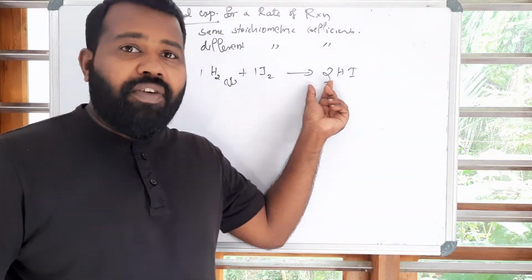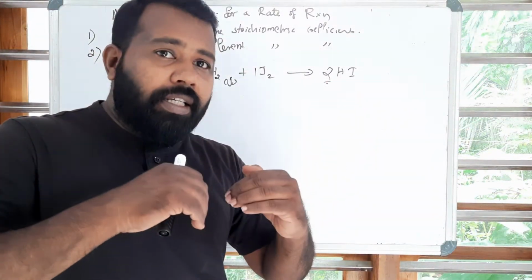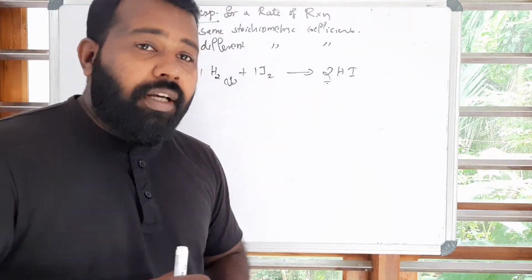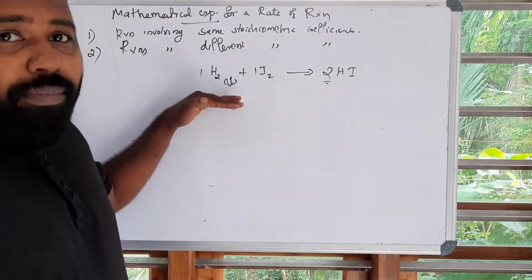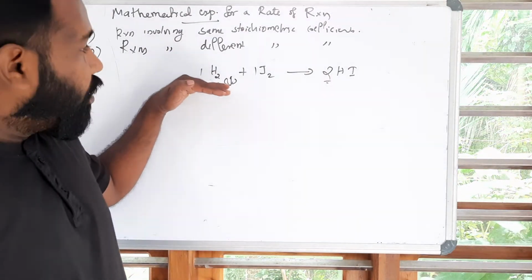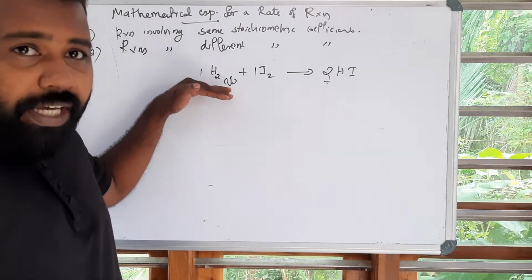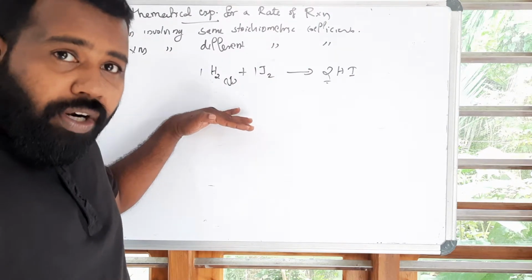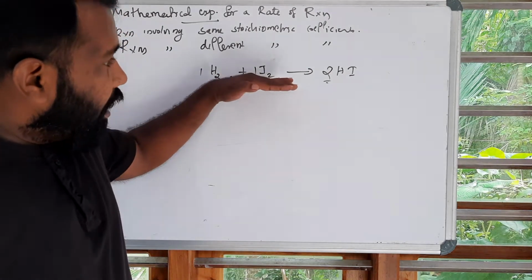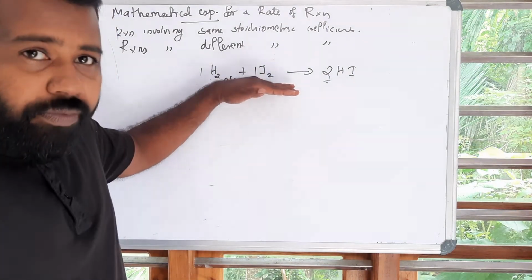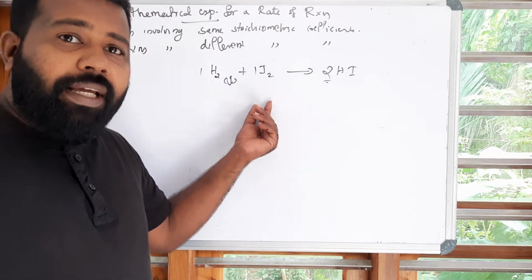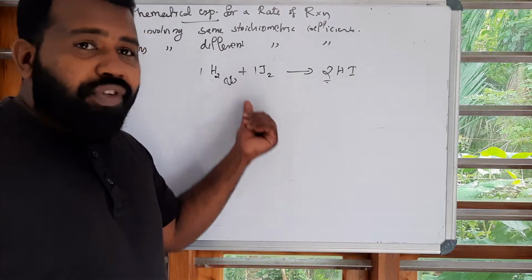We should divide the change of concentration of each reactant by its own stoichiometric coefficient.